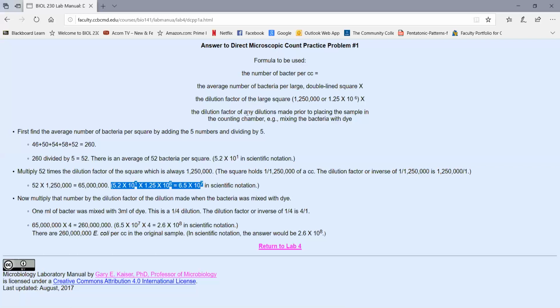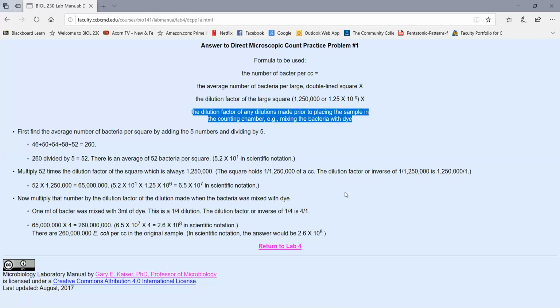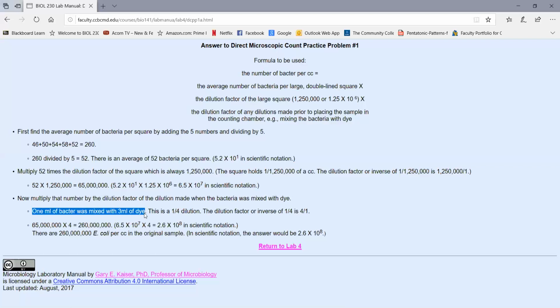Then finally, the third part of the formula, we multiply the dilution factor of any dilutions made before we put the bacteria in the counting chamber, such as mixing with dye. Well, in this case, we told you that 1 ml of bacteria was mixed with 3 ml of dye. Remember, we have to add them up to get the bottom number, so that's a 1:4 dilution. So the dilution factor is the inverse, 4 over 1 or 4 when we flip it over.